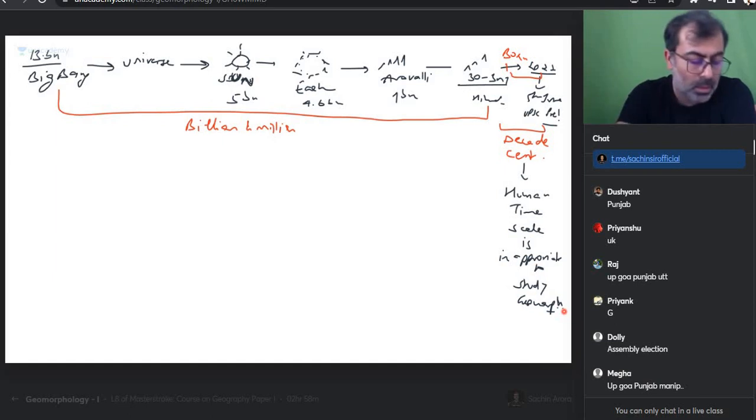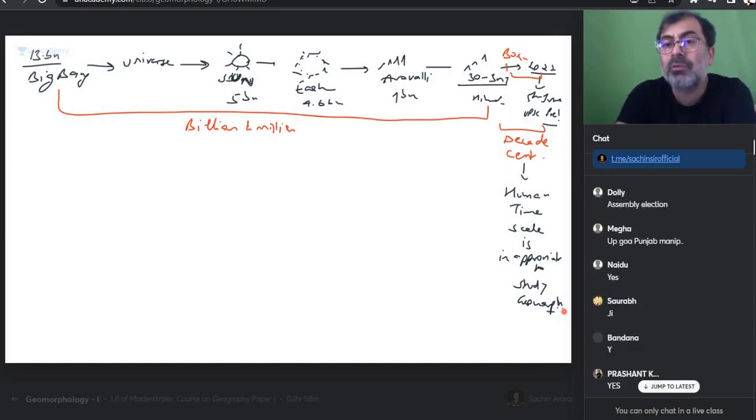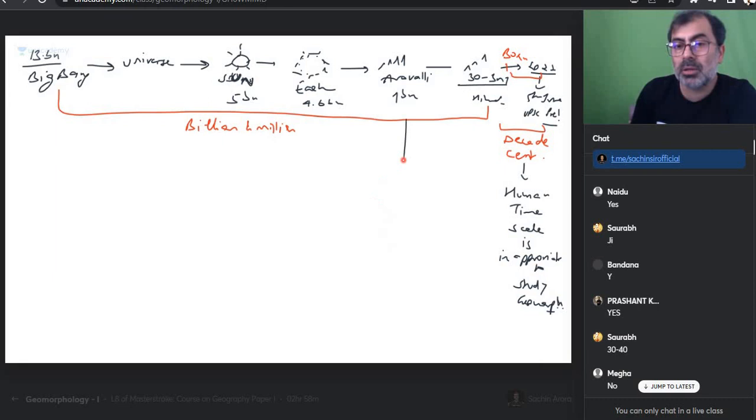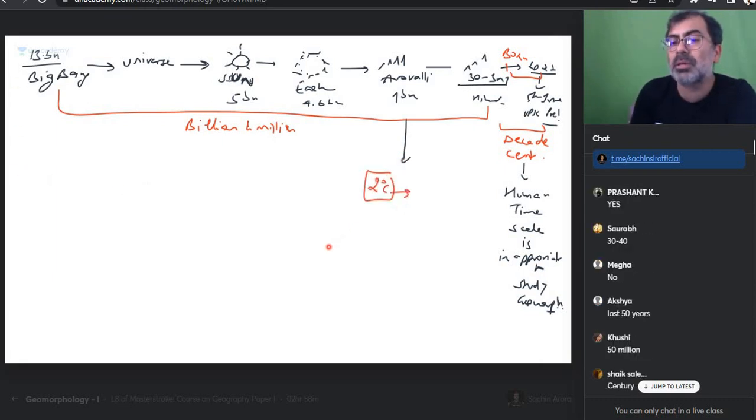Now, if I say, in the wake of recent climate change, suggest the causes. Now is the time frame only 1 decade? Recent climate change means what? When you look at recent climate change, you have heard of the 2 degrees Celsius target. 2 degrees Celsius above what temperature? We will not allow the world's temperature to go beyond 2 degrees Celsius above what?